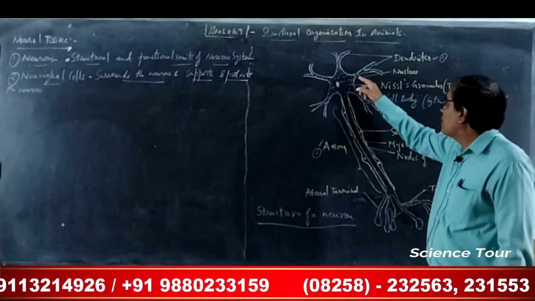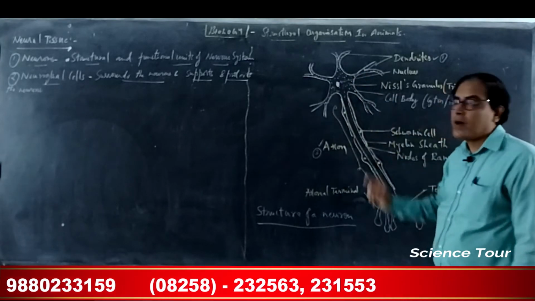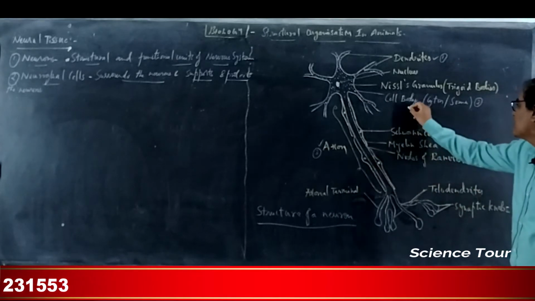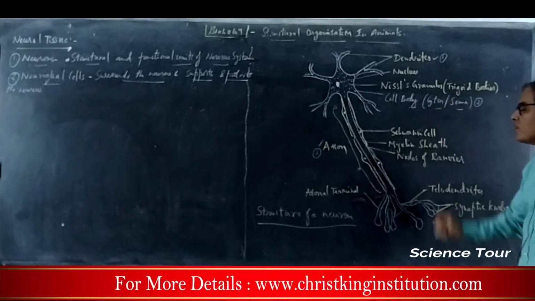After receiving, the dendrites pass these signals to another structure called the cell body, or cyton or soma.